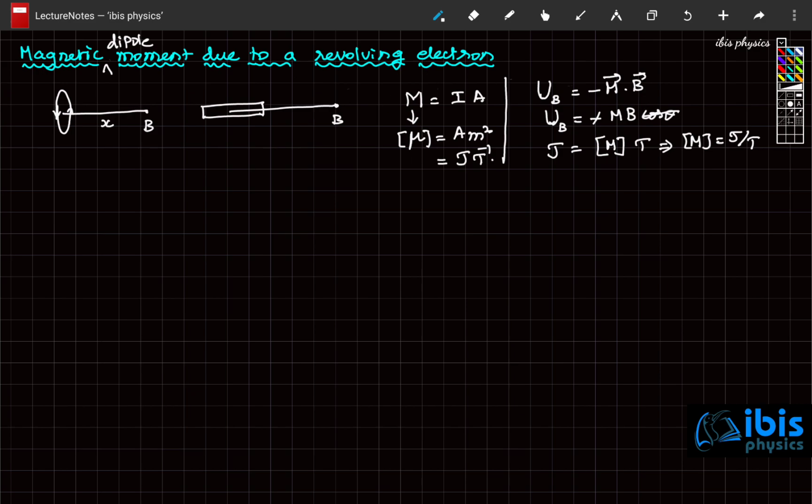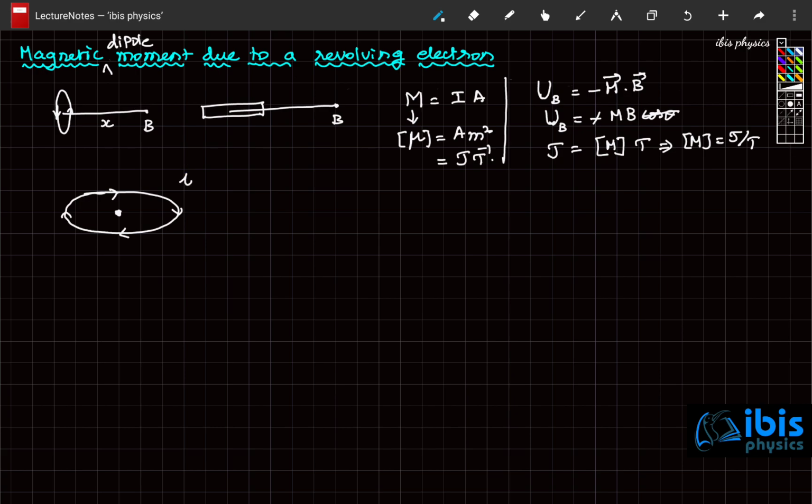Consider a nucleus, and an electron revolving around the nucleus in a circular orbit. Because it is a charge going in circles, when a charge is moving, current is flowing. Because of the motion of the electron in a circle, a tiny electric current is produced.